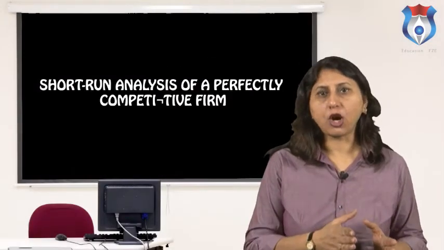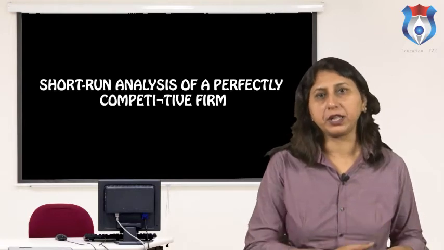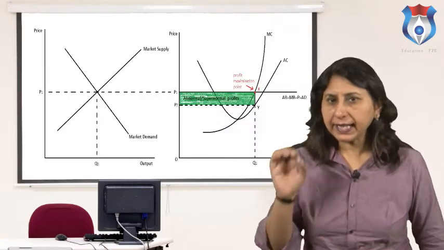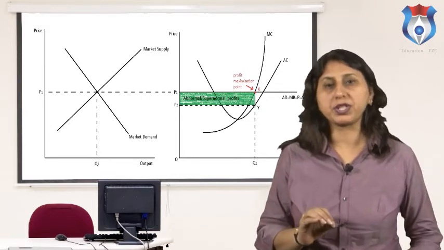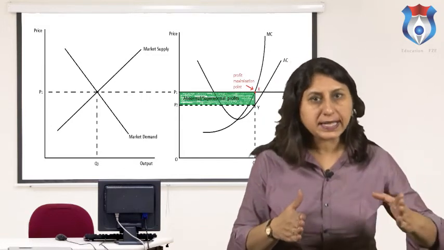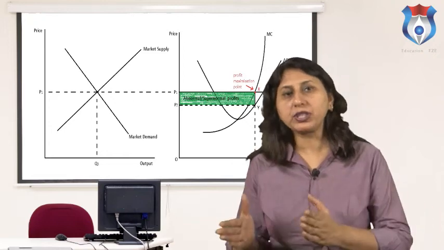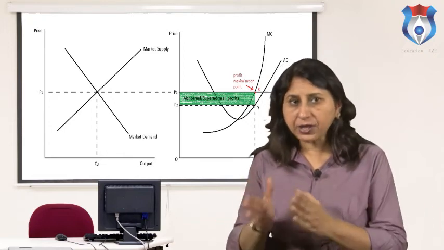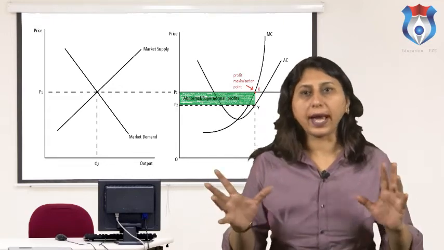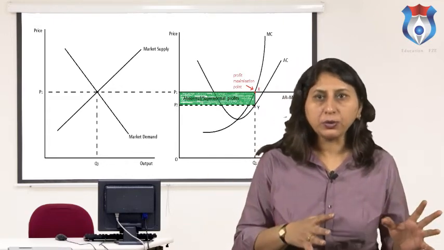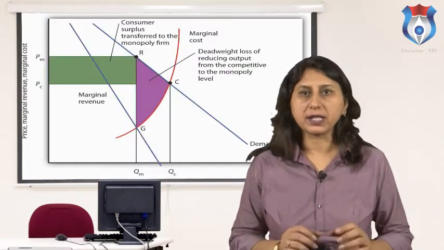Short-run analysis of a perfectly competitive firm. A perfectly competitive firm produces the profit-maximizing quantity of output that equates marginal revenue and marginal cost. This production level can be identified using total revenue and cost, marginal revenue and cost, or profit.